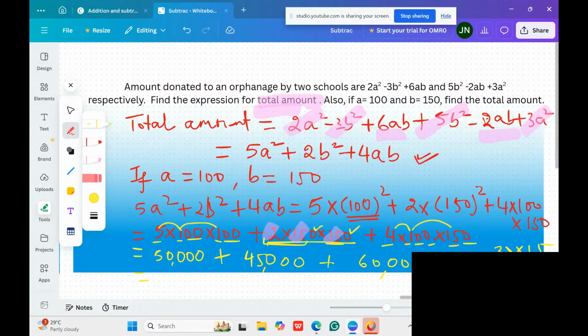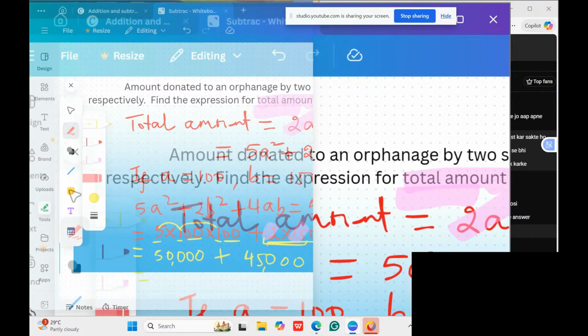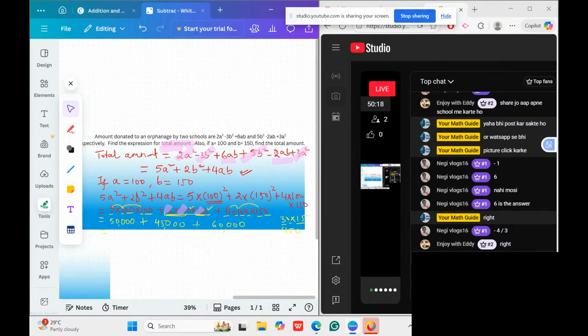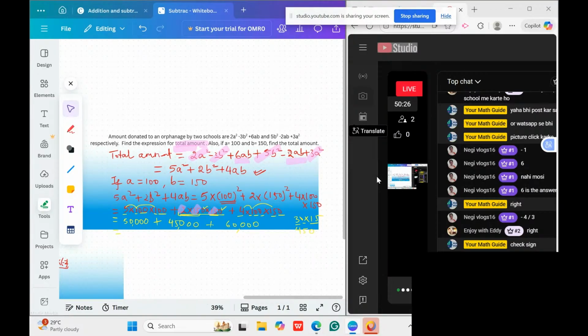Solve it बच्चा. Solve करो इसे. Very good.